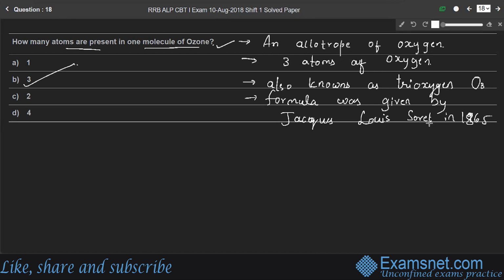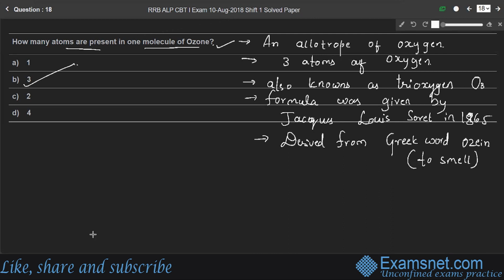The word ozone has been derived from the Greek word ozine, which means to smell. So here option B is the right answer: 3 atoms are present in one molecule of ozone.